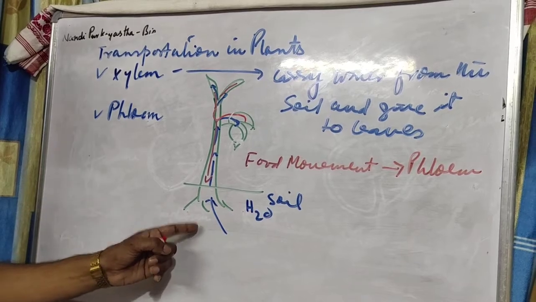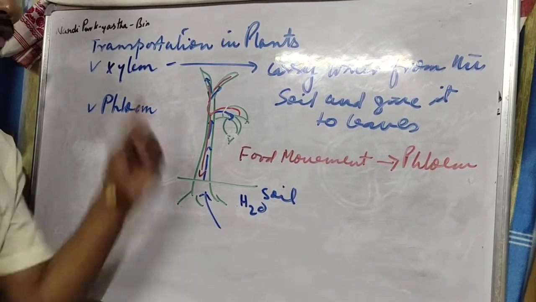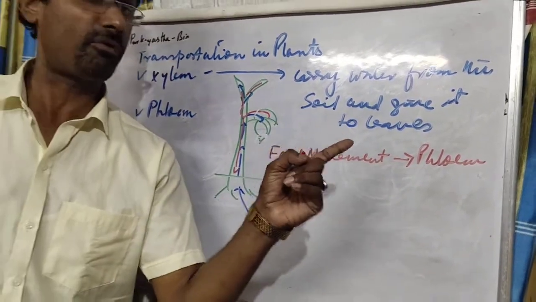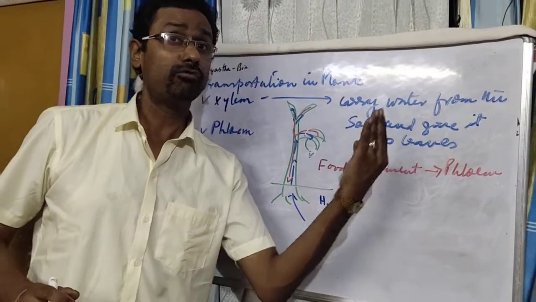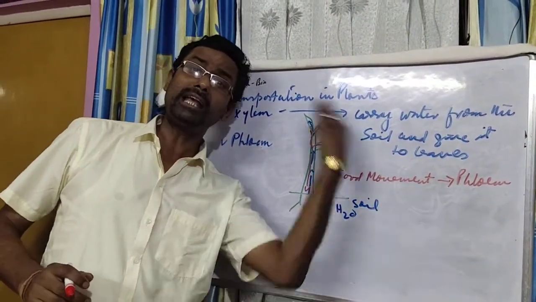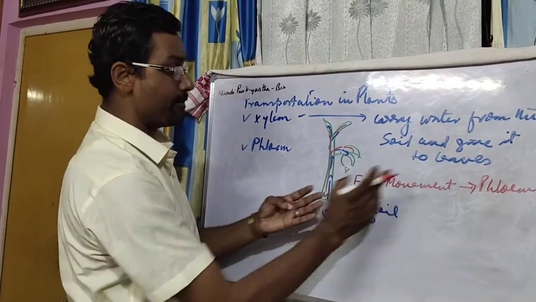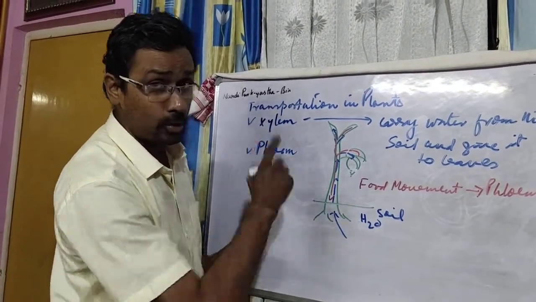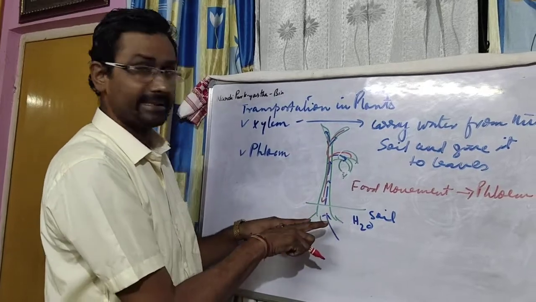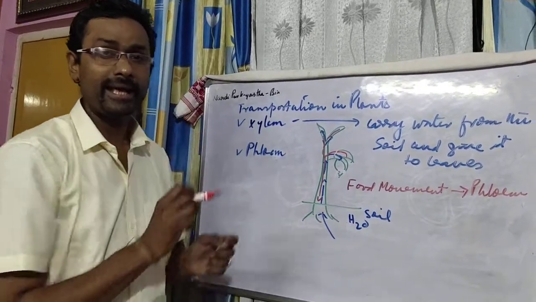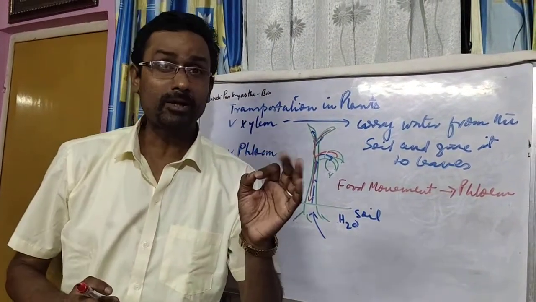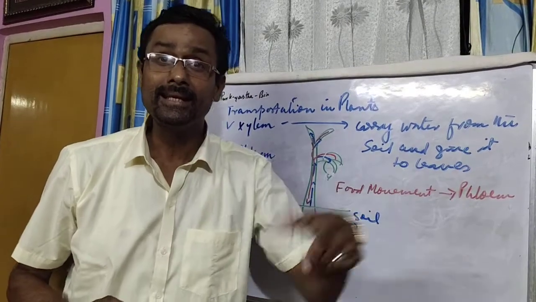Water movement takes place through xylem, water from the soil. Food movement is taken from which part? Food movement will be from the leaf. From the leaf, who takes it? Phloem. Water movement to the leaf, who takes it? Xylem. Okay?